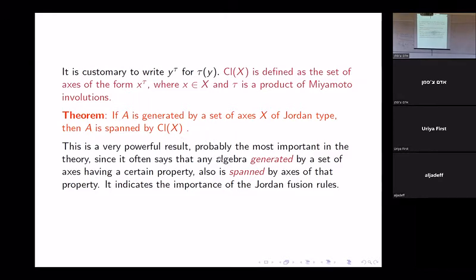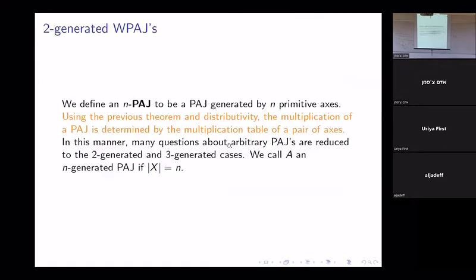I just want to repeat, since it's so important, that any algebra generated by a set of axes having a certain property is also spanned by axes of that property, namely the Miyamoto involutions. Now, an n-PAG will be a PAG generated by n primitive axes.